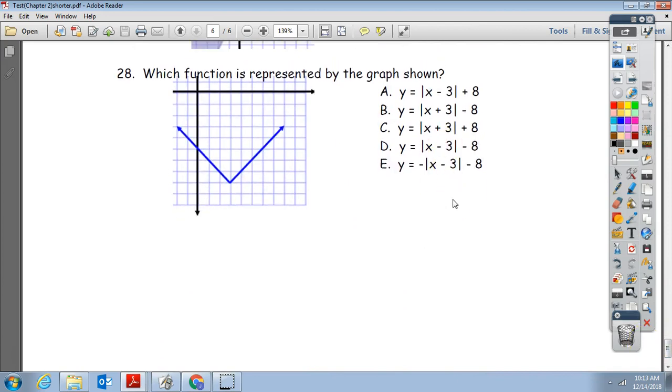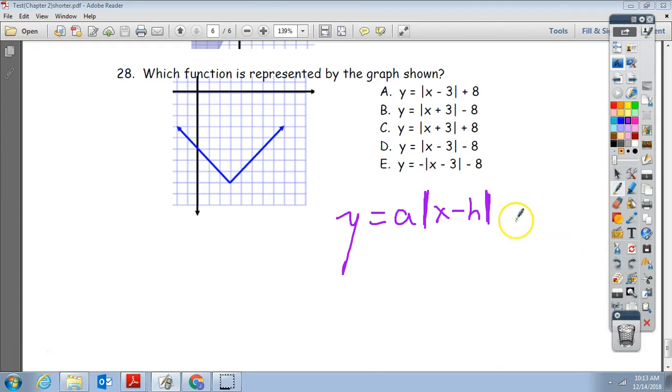We threw those in because they're similar in some respects, because they're two lines that make up a V shape. But remember, when we got into the quadratics, we got into a little bit more detail with this because they're very similar to the vertex form of a quadratic. When you're dealing with an absolute value, you have the same kind of form where you do the opposite technique, and that's my vertex.